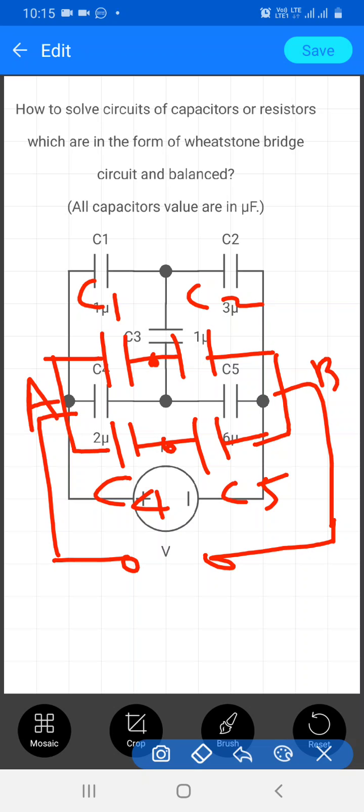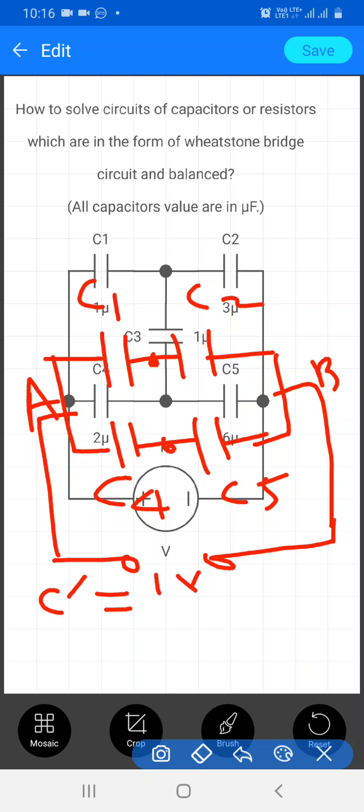Now we see here C1 and C2 are in series, also C4 and C5 are in series, and the combination is in parallel. So we can easily find the equivalent capacitance between A and B. Let C dash be the capacitance of C1 and C2 in series, given 1 microfarad and 3 microfarad.